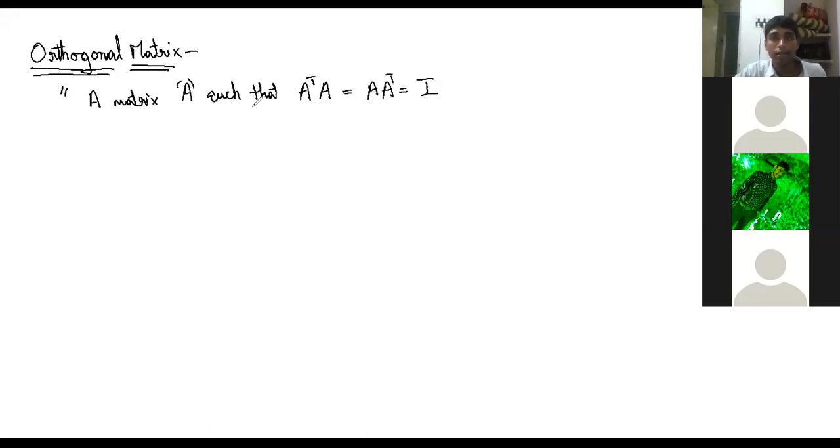A matrix A such that A transpose into A is same as A into A transpose, and that is same as the identity matrix of the same order. Whatever is the order of A, it is of the same order. So a matrix A such that A transpose into A is the identity matrix is called an orthogonal matrix.